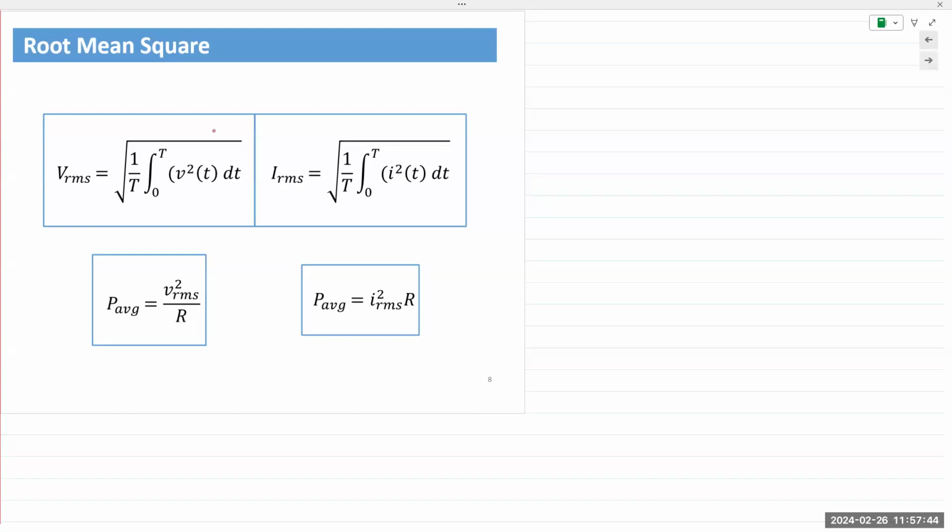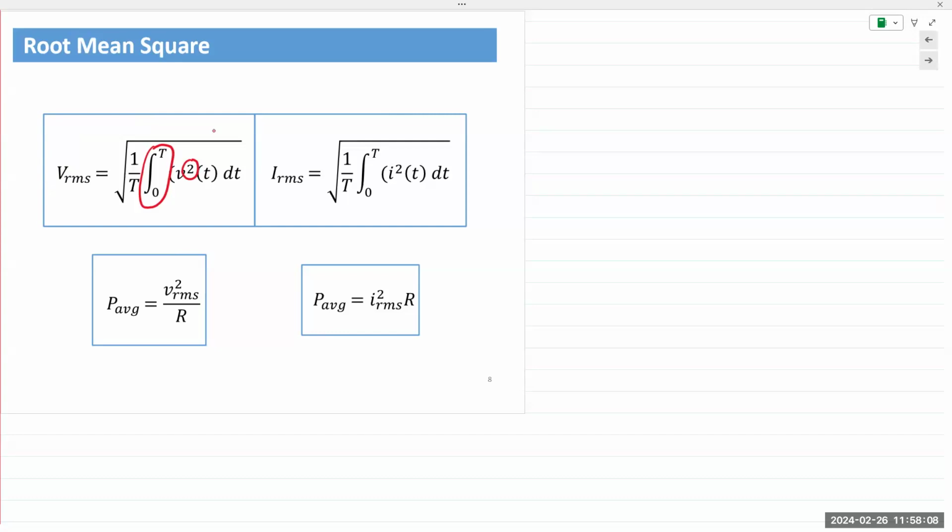Mathematically, it's represented by this equation right here. You can see, first take the square of the waveform, then you sum it up, right? Multiple slices, and then you add up all the slices, basically integrating from 0 to T for one time period.